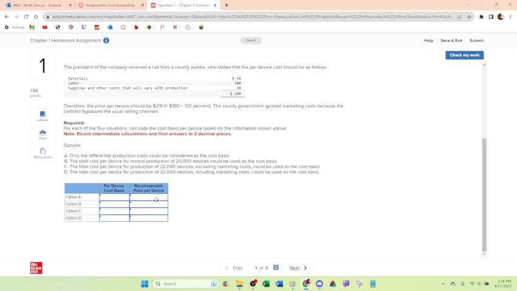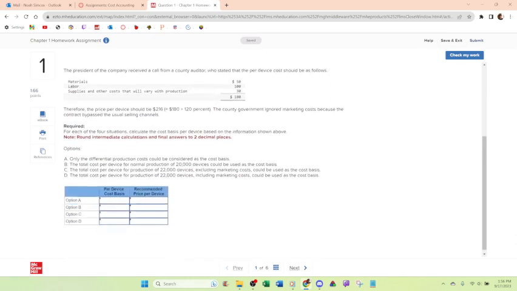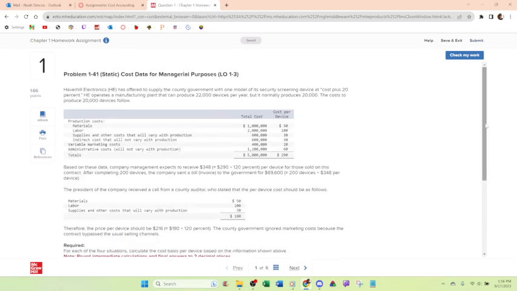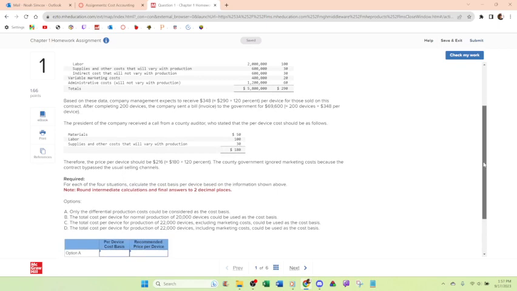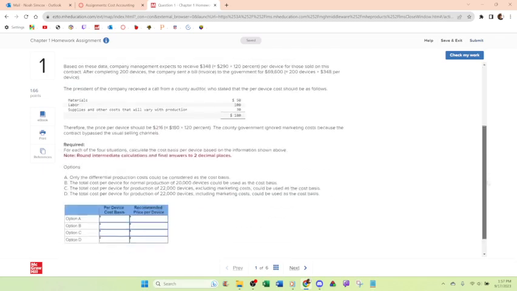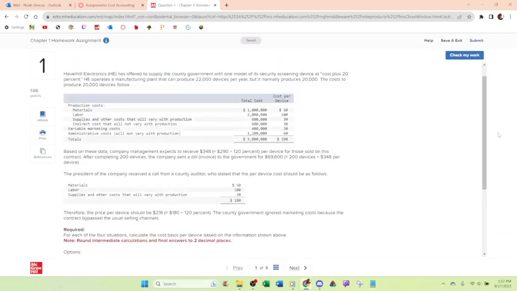So they're saying measure the costs in these 4 different ways and then calculate it. Okay, so sucks. Oh boy, I mean, this looks like it requires an Excel spreadsheet.